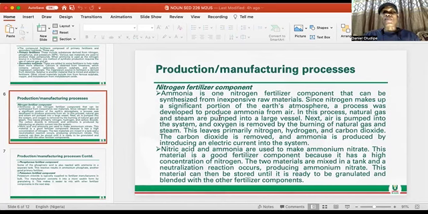Production through manufacturing processes. That is, what are the processes involved in the production of fertilizer, that is, synthetic fertilizer? What are the processes involved? Nitrogen fertilizer component.